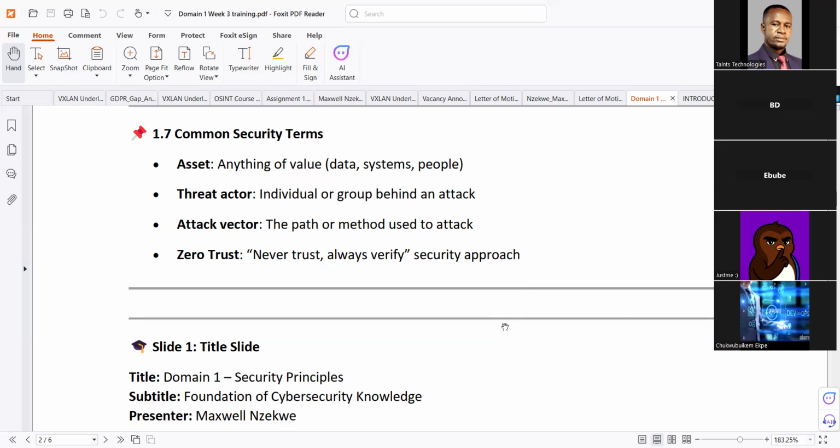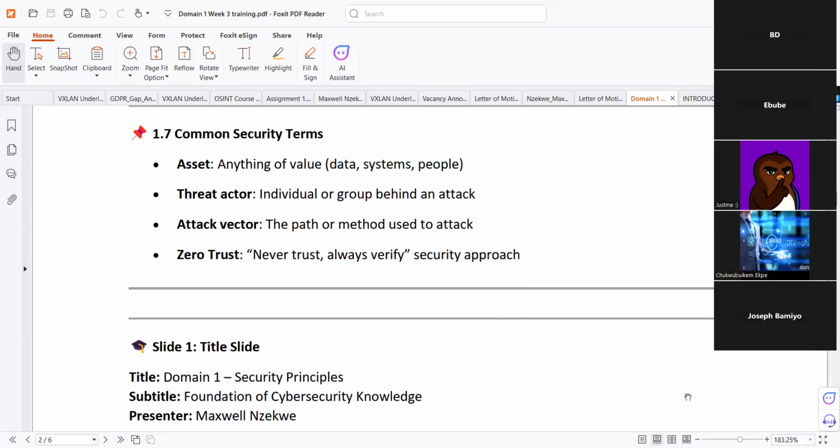Zero-day attack. Does anybody know what is zero-day attack? Yeah, like an attack that you never expect that it will happen, but it actually happens without you controlling it. Good. That is zero-day attack.